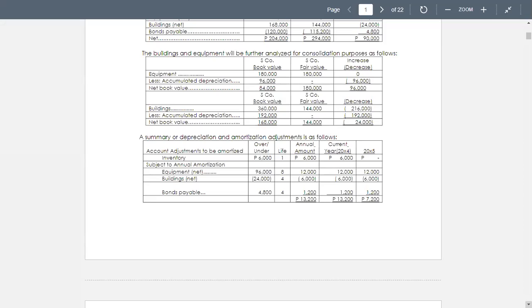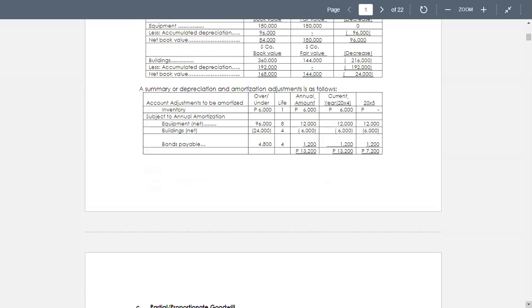So the current year, we have 1,200 bonds payable. It's a liability, and the fair value is lower than the book value. So we have an adjustment in the amount of 4,800.